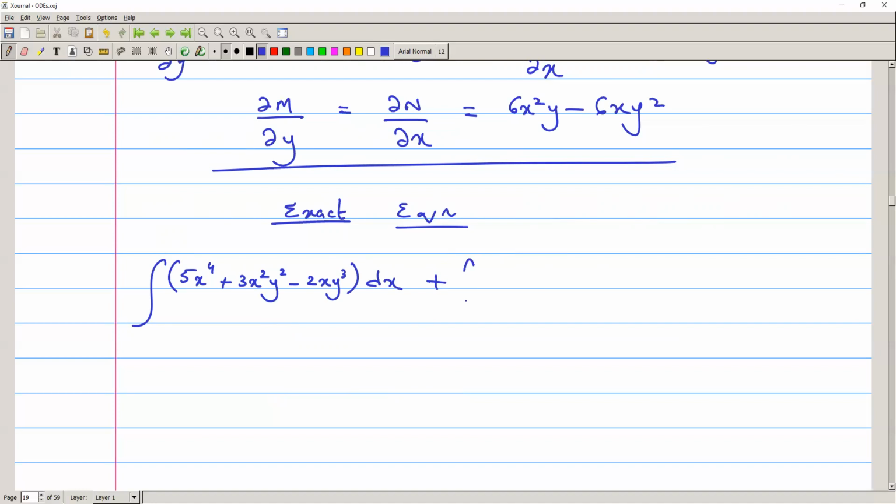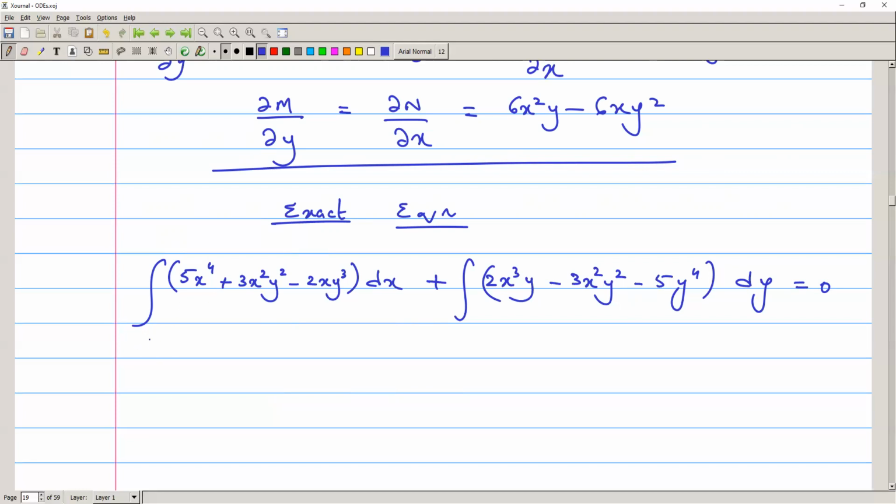And plus the integral of (2x cubed y minus 3x squared y squared minus 5y to the power 4) dy, right? But here we need to stop and consider what else we have to do.